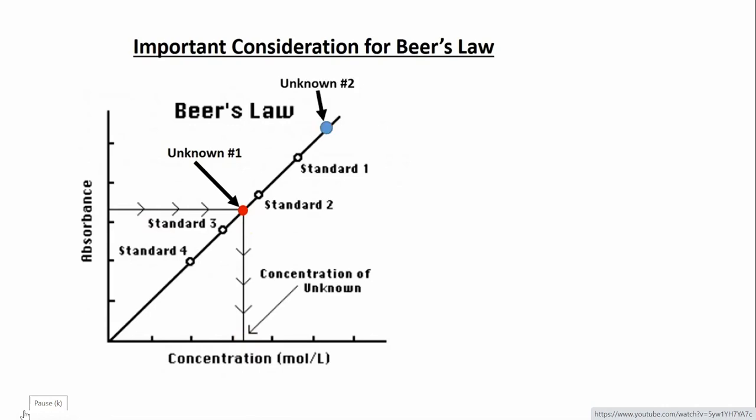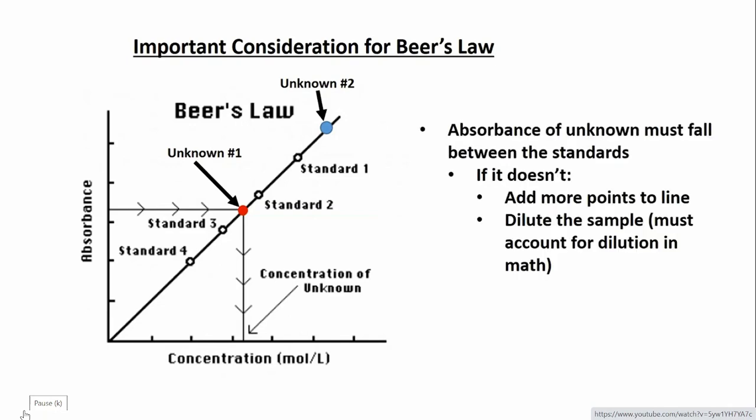The problem arises when I get unknowns that have absorbances that don't fall between the standards. So that one's going to fall way up there. We'd like to think that if we did the mathematics, it would still give us good data. But the truth is, Beer's law is only linear, or a straight line, for short distances, and we can only trust it between our standard points.